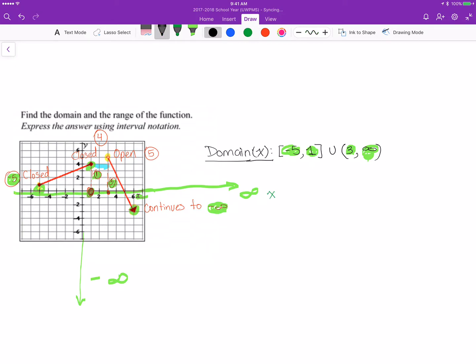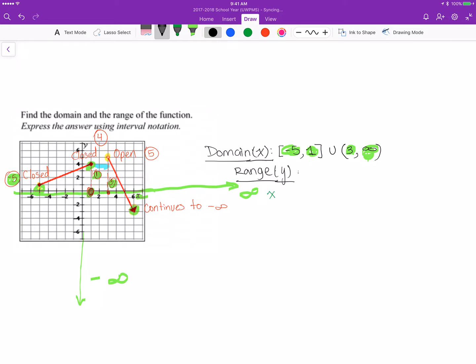My range, go ahead and erase that from there. So my range is, let's start my y values.